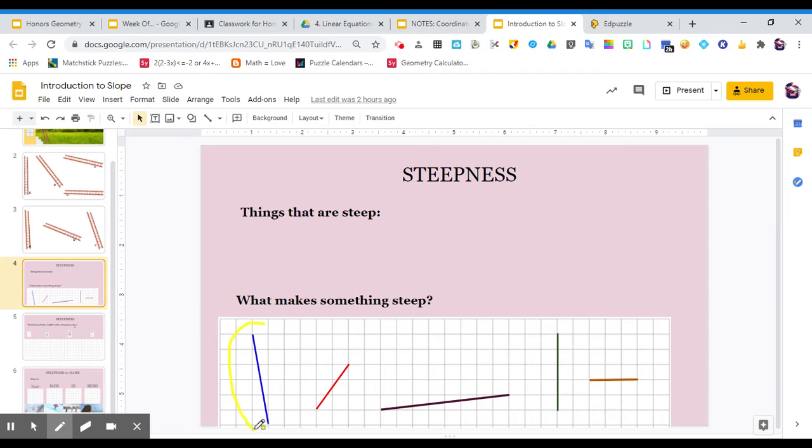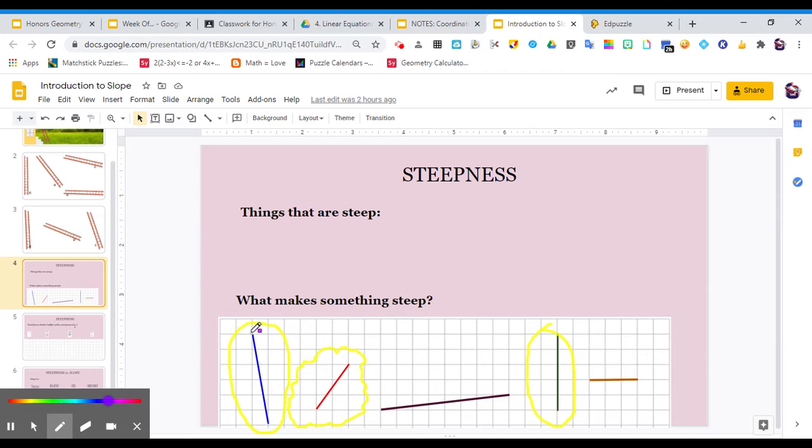So everybody thought this one was steep and this one was steep. And a couple people thought this one could also be considered steep. And then after that, we took a look at what would make something steep. And so we counted. I'm going to change colors so I don't match any of these.